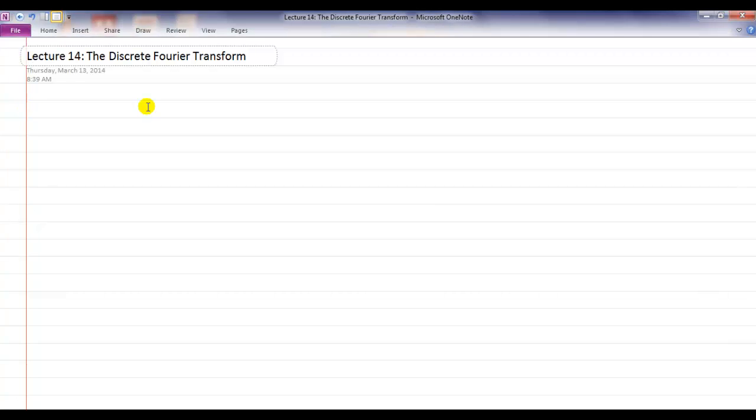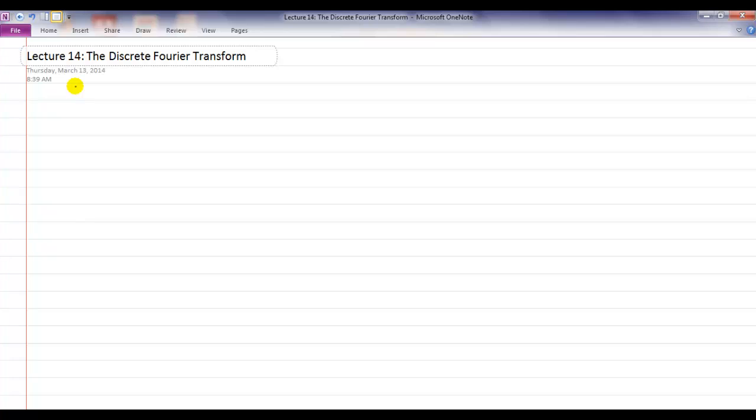I want to start by doing a little recap of what we did in the last class. In the last class, we had discussed the discrete Fourier transform, which is a discrete transform of a discrete time signal. One of the key differences between this DFT and the discrete time Fourier transform, the DTFT, is that one is discrete and the other is continuous.